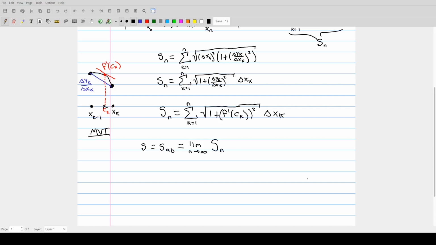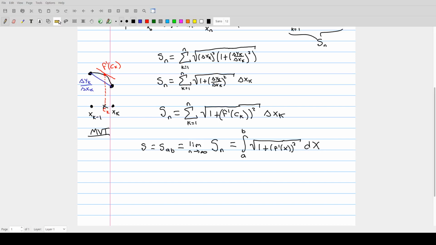And what this becomes for an actual integral formula is the definite integral from a to b of the square root of 1 plus f prime of x squared dx, where f prime of x is the derivative of the function f.